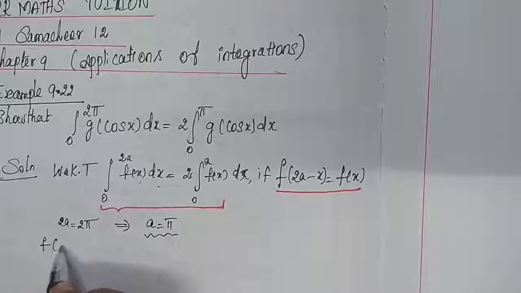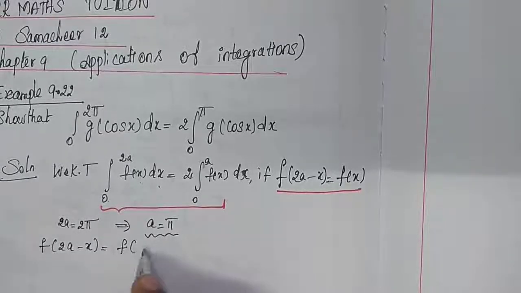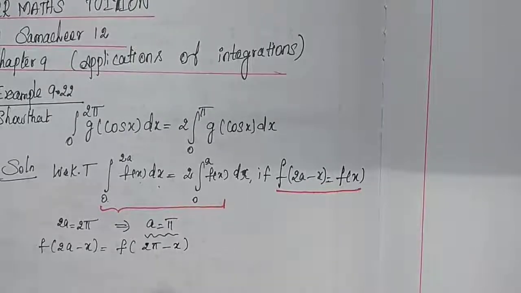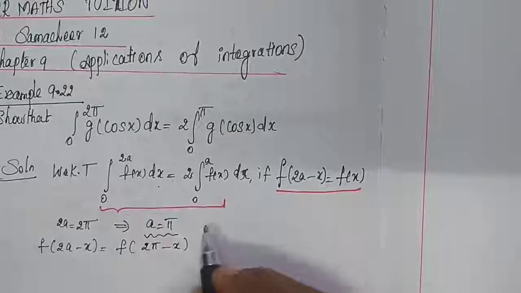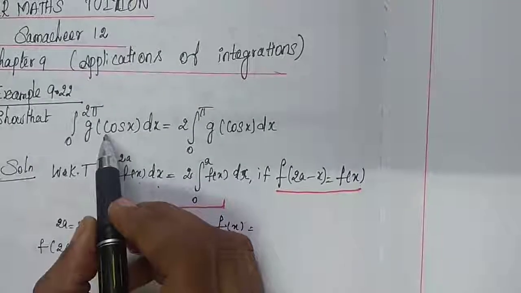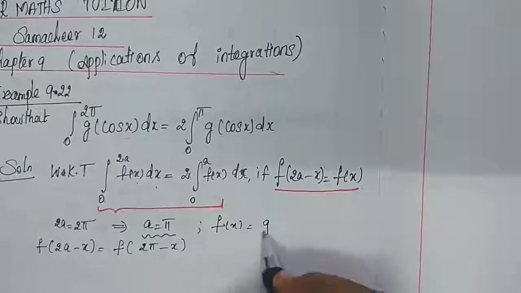Starting with the left-hand side, f of 2a minus x is f of 2π minus x. But our f of x is g of cos x.